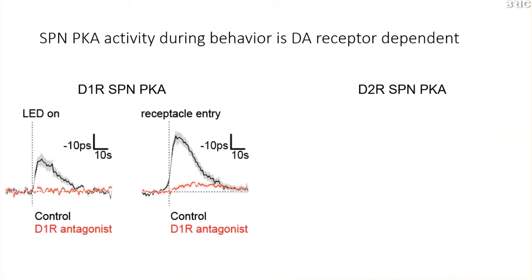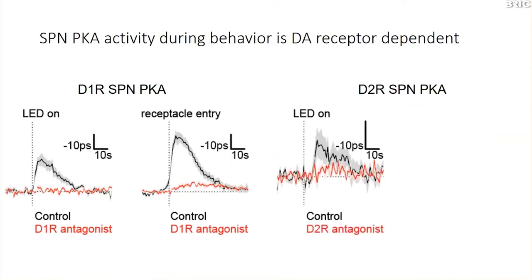And this pretreatment of D1 receptor antagonist resulted in a near complete blockade of the LED-induced PKA activity change, as well as the food reward response. The pretreatment of the D2 receptor antagonist had a similar effect. It completely blocked the reward omission response of the D2 receptor SPN PKA activity following the LED, due to the reward omission.